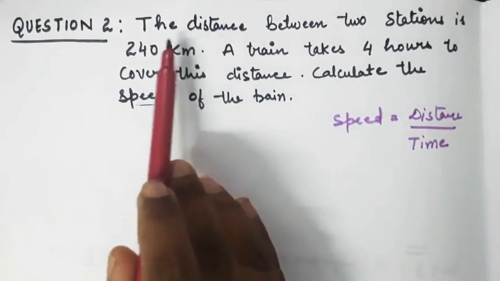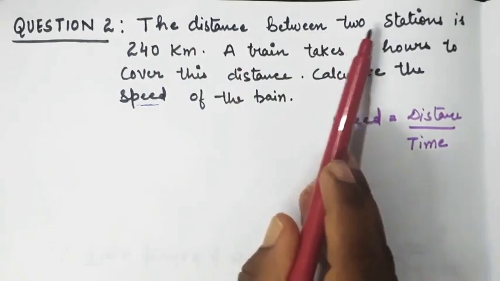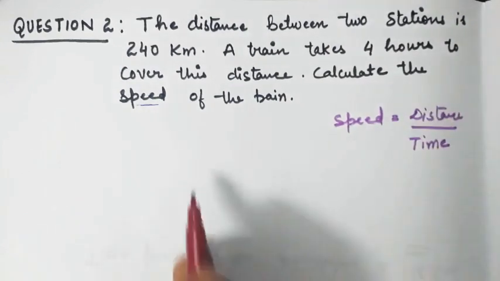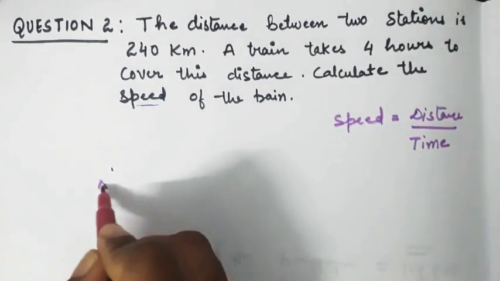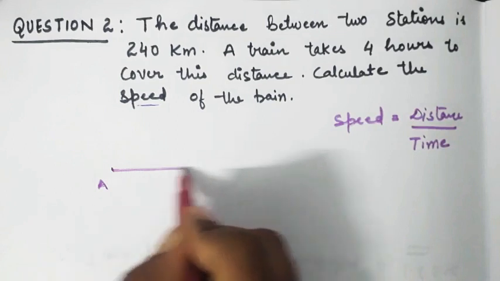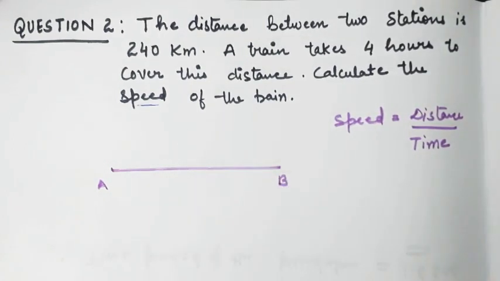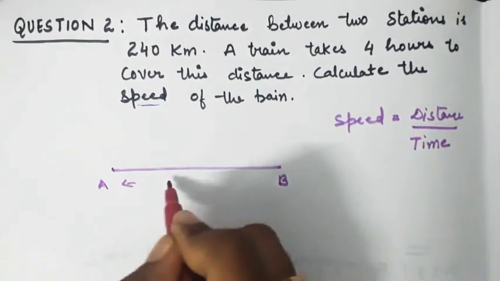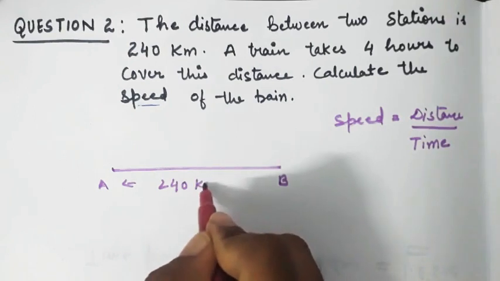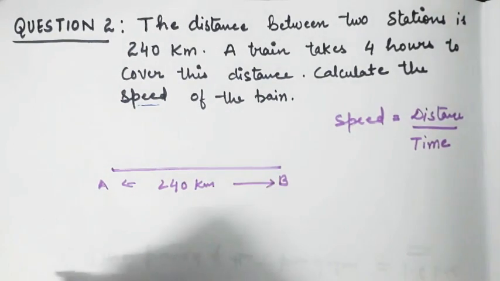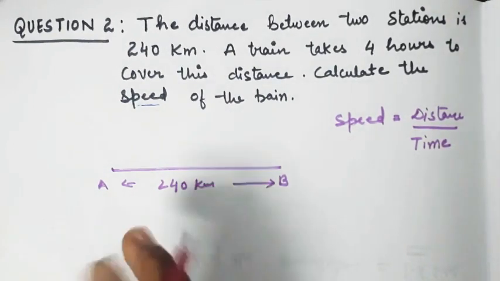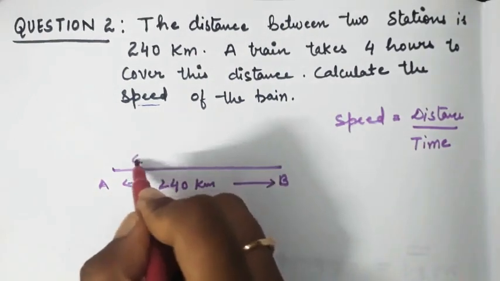In this question, they said the distance between two stations is, if we take A as one station and B as another station, and the distance between them is 240 kilometers, and the time taken by the train to cover this distance is 4 hours.